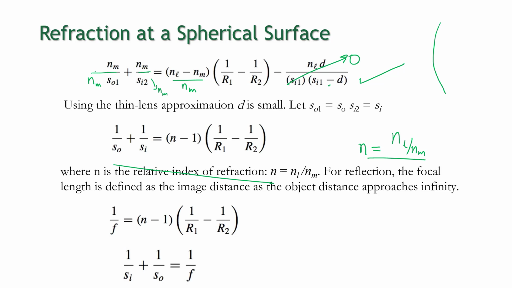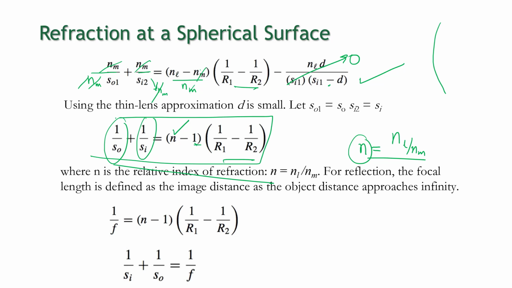So you get this and this cancel, so that you have that, and then NM over N. So that and that also cancel, so that you have 1 over SI, and then NL over NM is N. That's that, and then NM over NM is 1, and then that is as it is. So this equation is called the Lens-Maker equation.